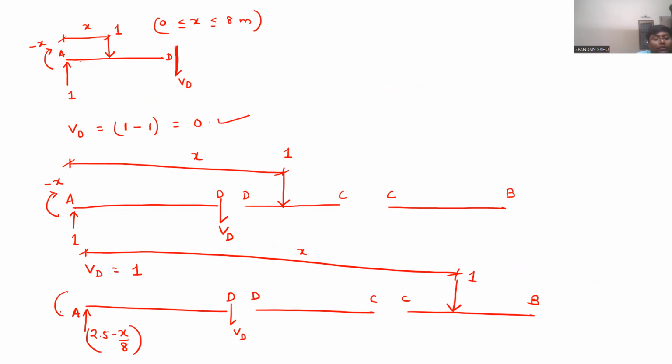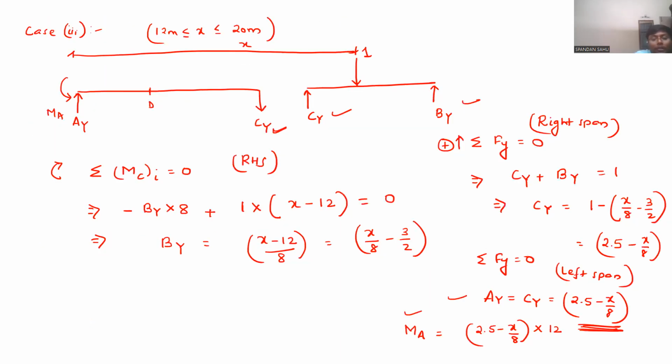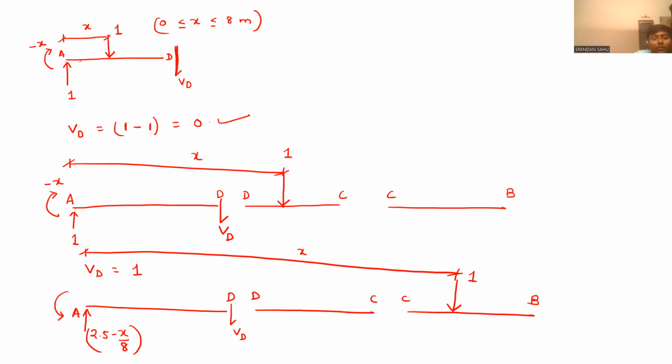And the moment is 2.5 minus X by 8 into 12. Now, this VD will be directly equal to this reaction, because VD is acting downward, AY is acting upward. So they will balance out each other such that summation of Fy equals 0 in the vertical direction.